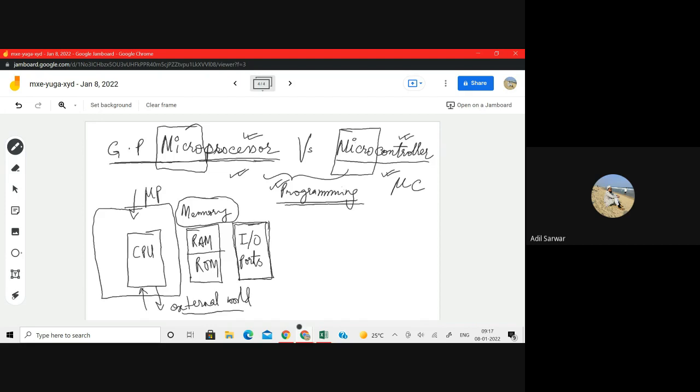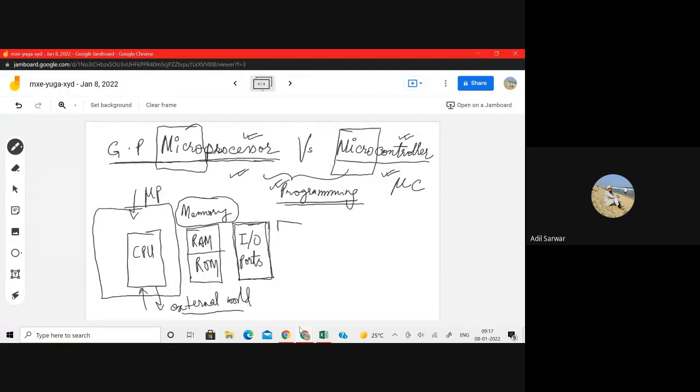Either you take information from that external device, or you provide information to it. Let's say a printer: you need to give information to the printer. So it could be either, and you need input and output ports for it.